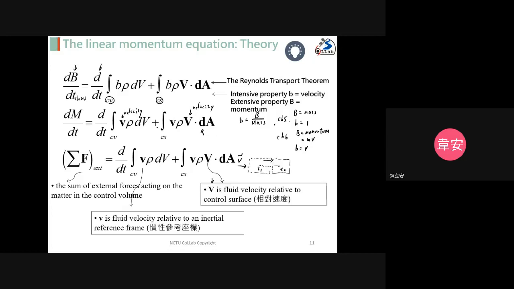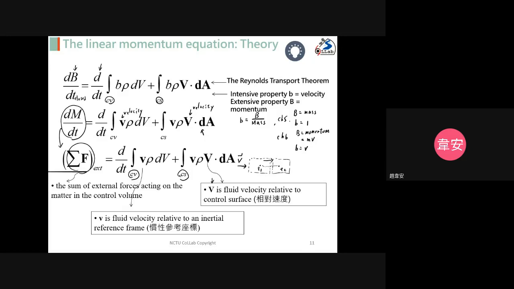If we move on with the linear momentum equation, we know that the momentum change in the closed system is equal to the external force. So this is our final formula for the linear momentum equation. That means the external force is equal to the momentum change with time in the control volume plus the momentum flux through the control surface.